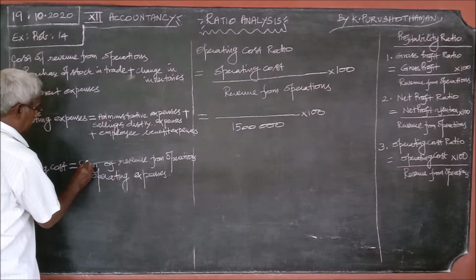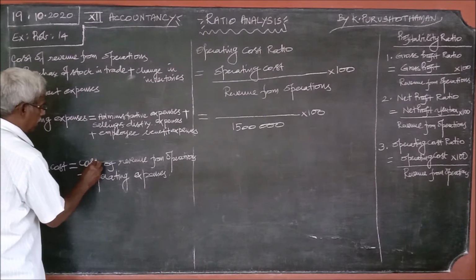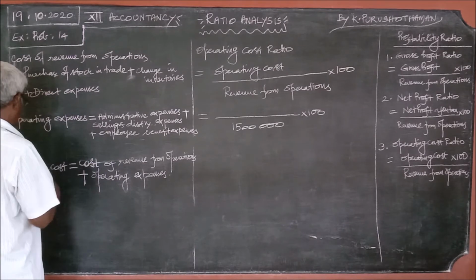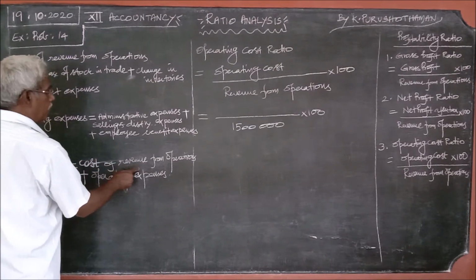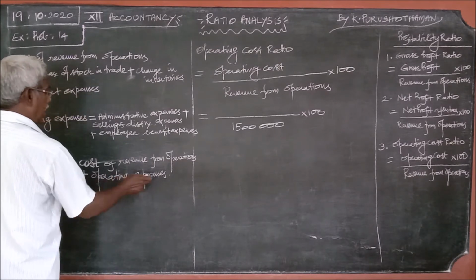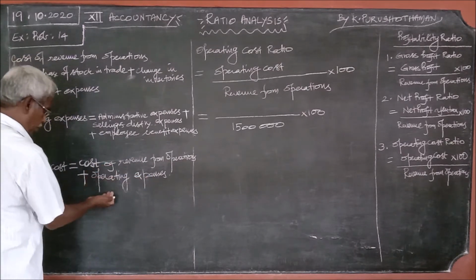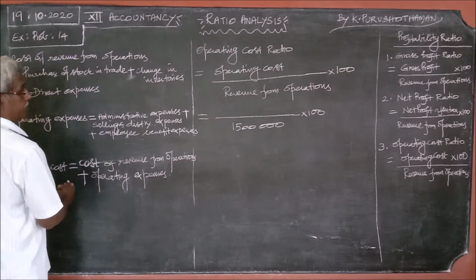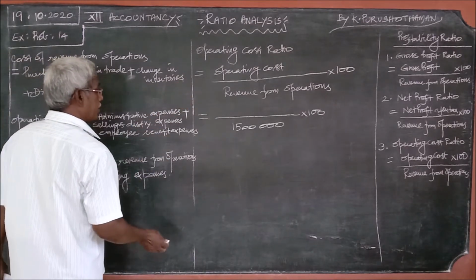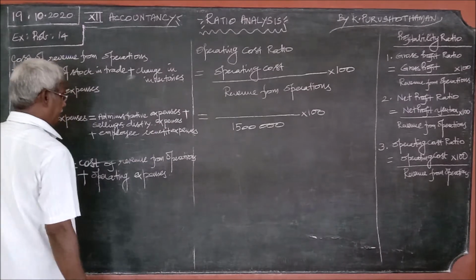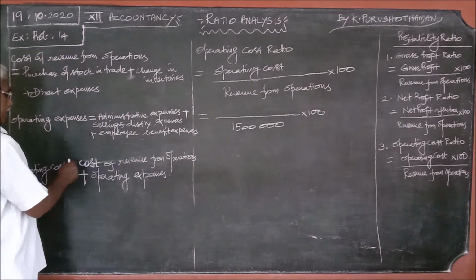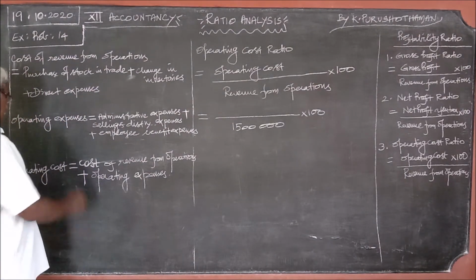To find the operating cost, what should we find? Operating cost is cost of revenue from operations plus operating expenses. These two are not straight away given, like revenue from operations. Revenue from operations is given straight up, and we have written it there. But operating cost is not straight away given. And what is operating cost?